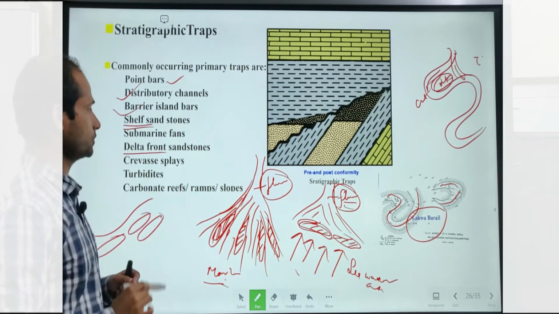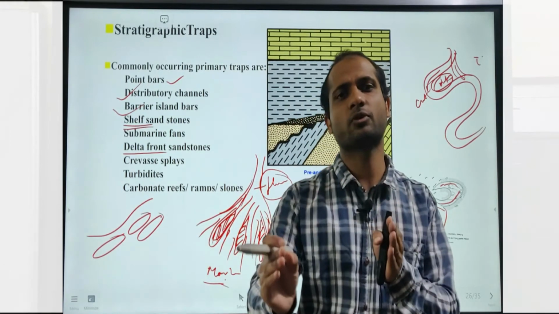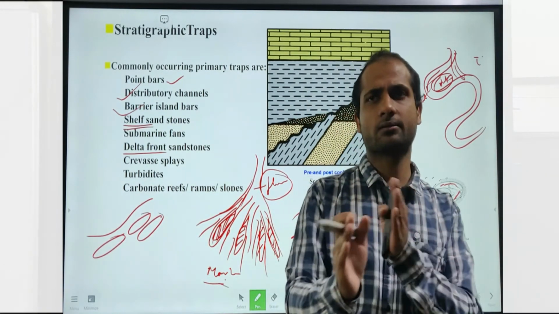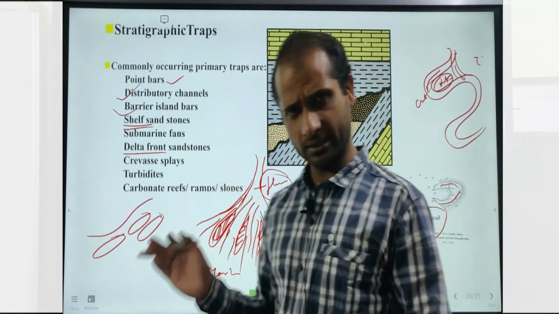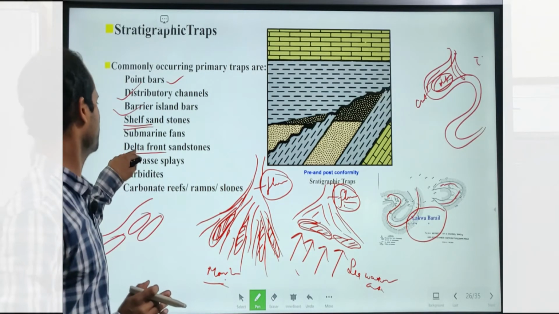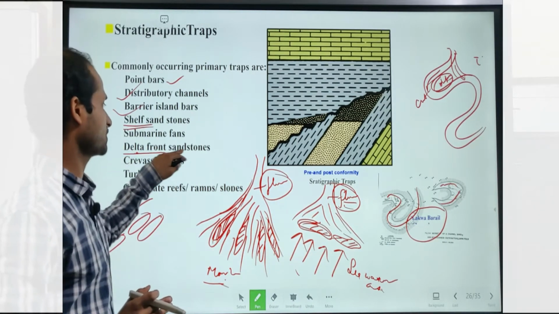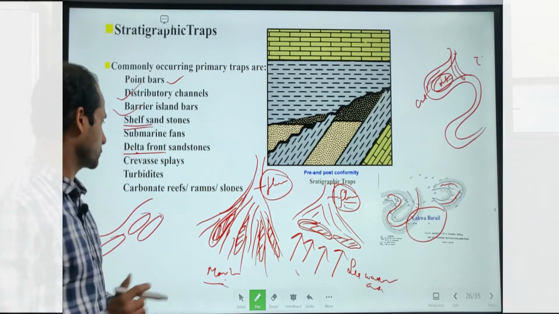Delta front sandstone, as the name indicates, is deposited in the delta. We have different parts of a delta, as you know: delta, prodelta, delta front. So when we have the deposition of sandstone in the delta front, we call it delta front sandstone.